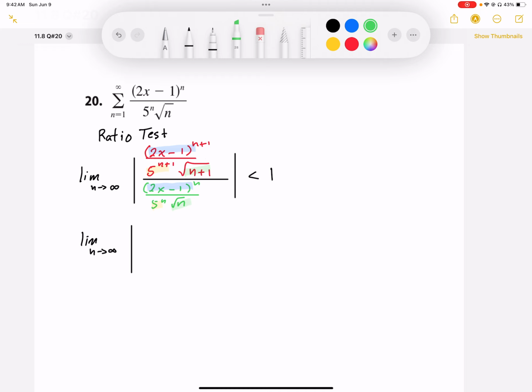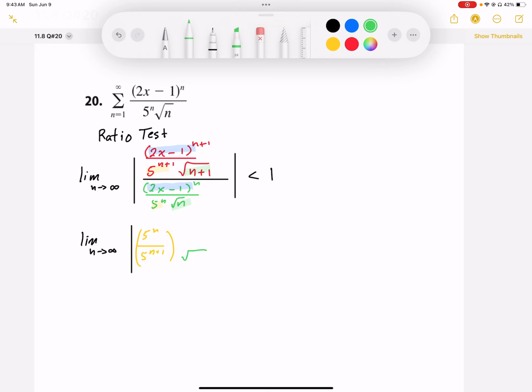Okay, so starting with the powers, we're going to start with 5 to the power n over 5 to the power n plus 1. So the n's are going to cancel out there. We'll group the roots.